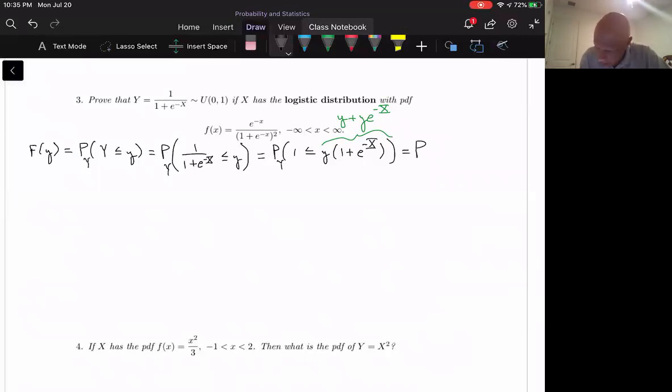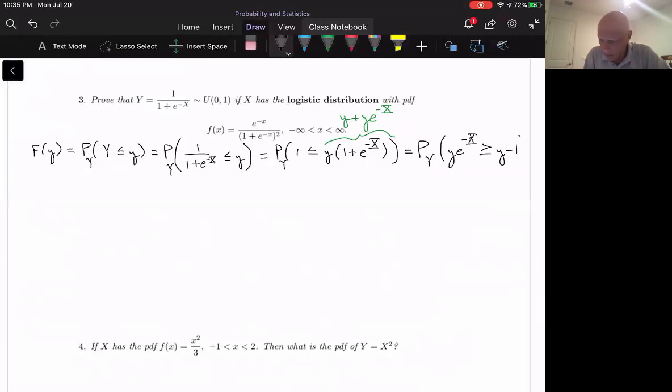So this is the probability. I've got y e to the negative x. Now, if you think about it, the greater than part is next to the y e to the negative x. So when I have it on the left side, this is the sign I should have with it. And on the right, I have a y minus 1 when I subtract the 1 from the left to the right. Then I'm going to divide by y.